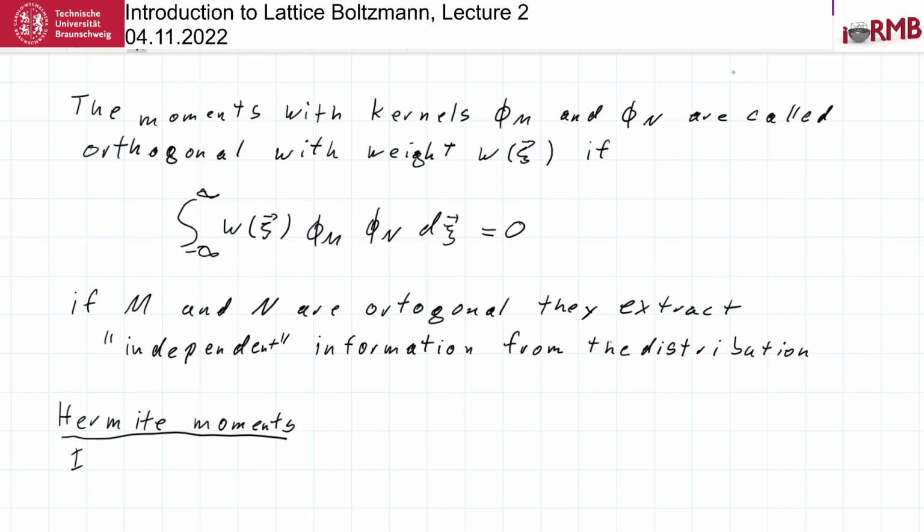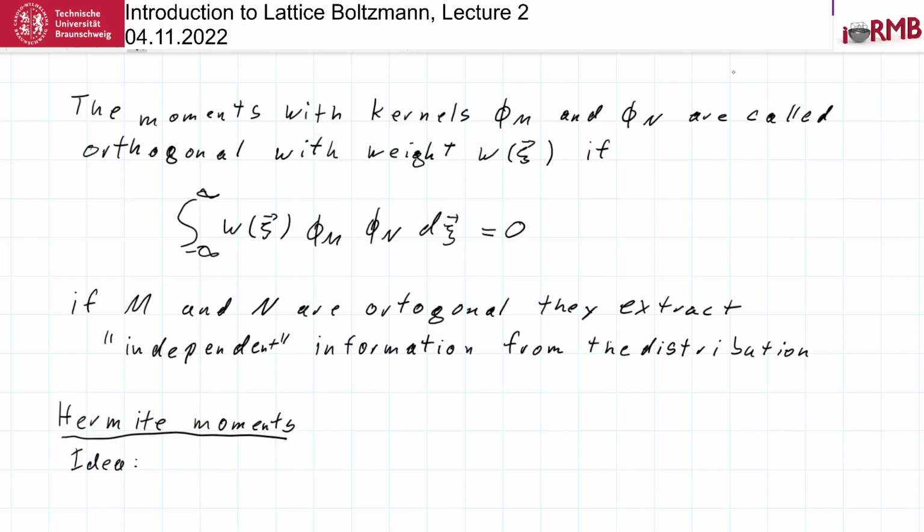And there is in literature a lot of stuff that does not make sense. So the idea behind the so-called Hermite moments is that we use the equilibrium as a weight function.